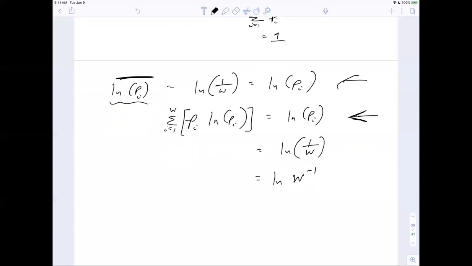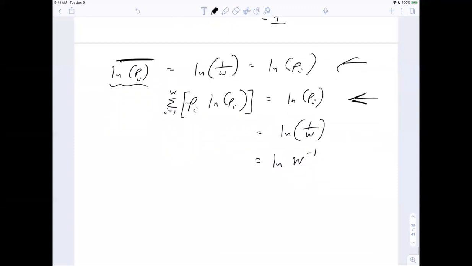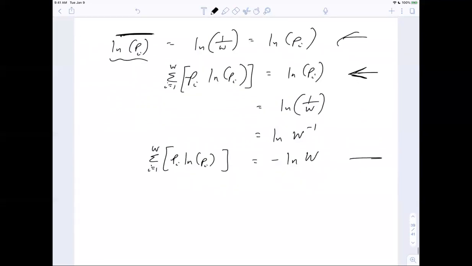And now I'm going to bring that minus 1 down, which is equal to minus natural log of W. Right, so all I did was bring the exponent down in front, so I get minus log of W. And all of this on this side is equal to the sum from i equals 1 to W of p sub i natural log of p sub i. And that gives us this expression right here.